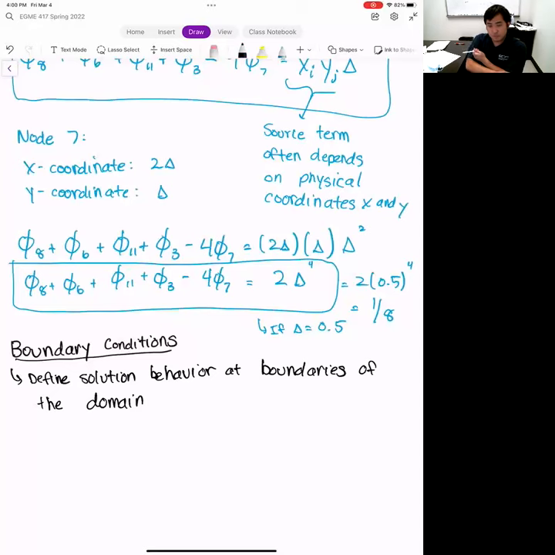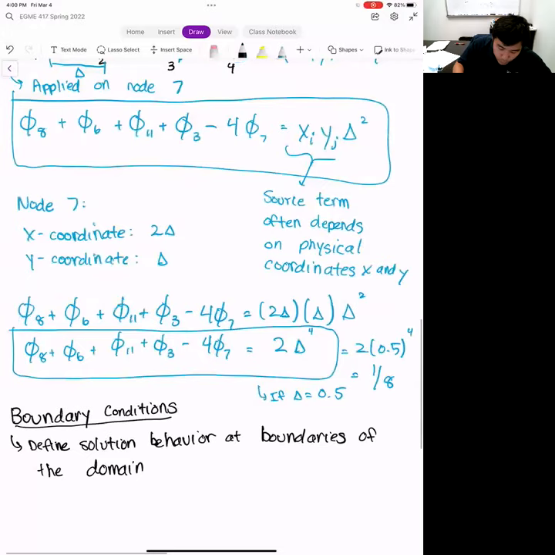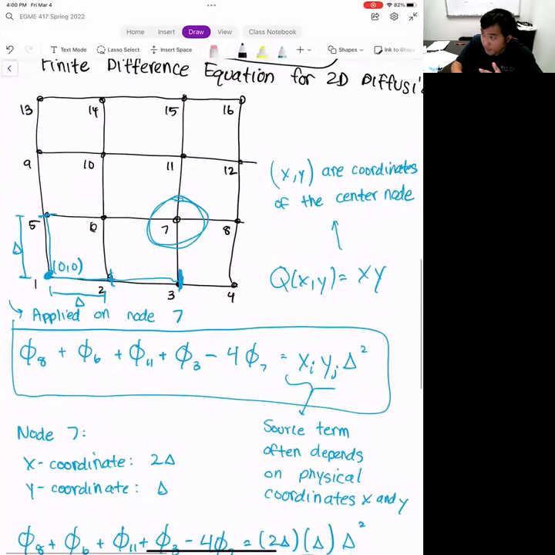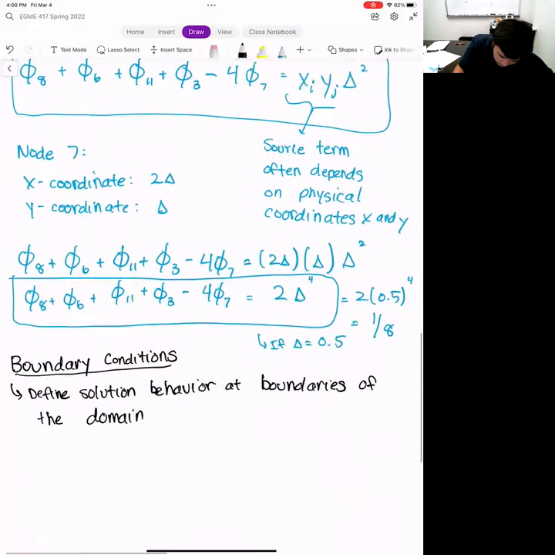Okay. And so for 2D problems like this, we have 4 main boundaries that we need to worry about. Okay. And so we have the north boundary, we have the east boundary, the south boundary, and the west one.